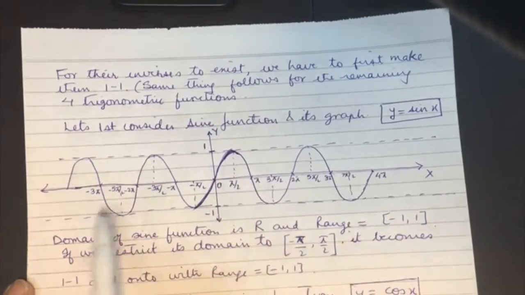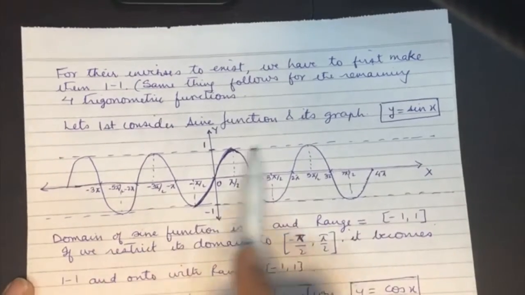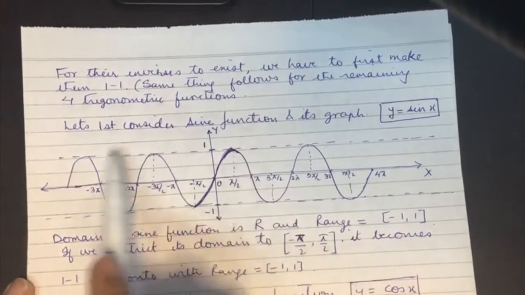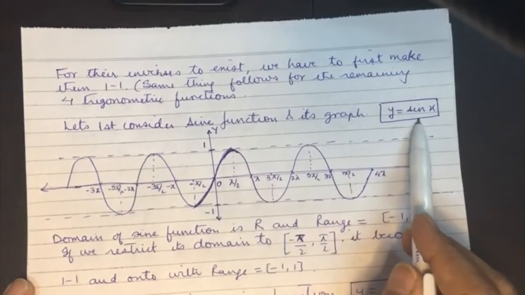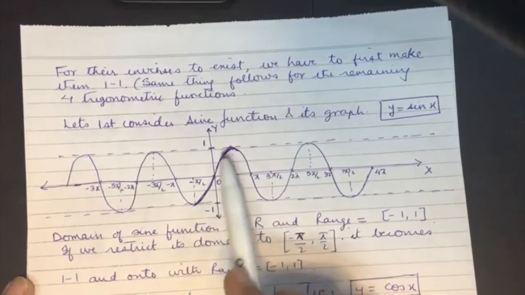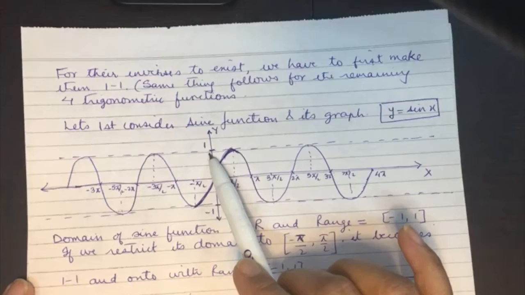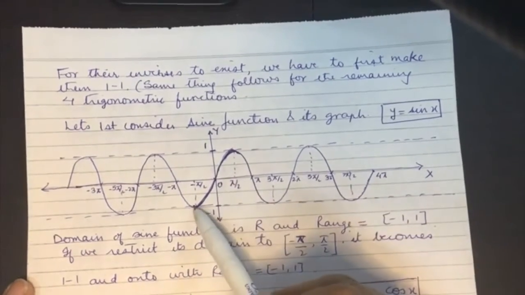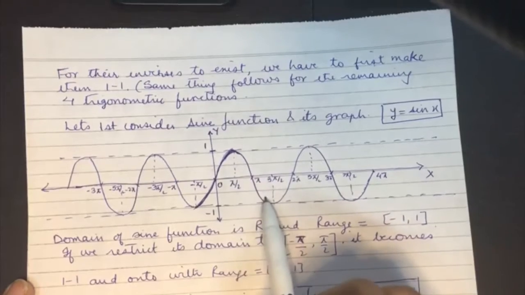Now we see that the entire value of sine x lies in this band of -1 to +1. We know that sine x always lies between -1 and +1, and that's why we call the range of sine -1 to +1.